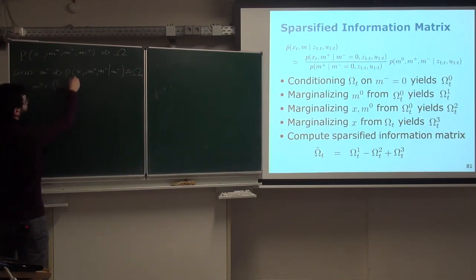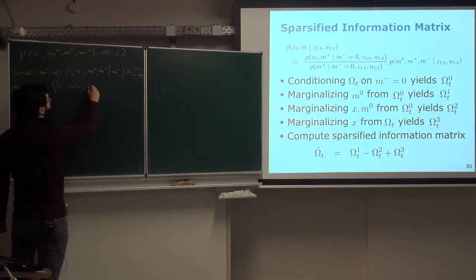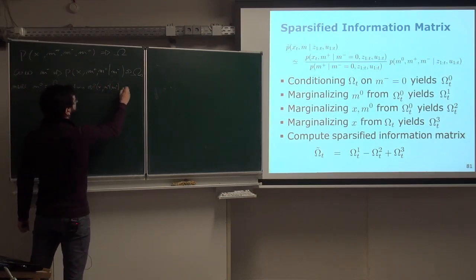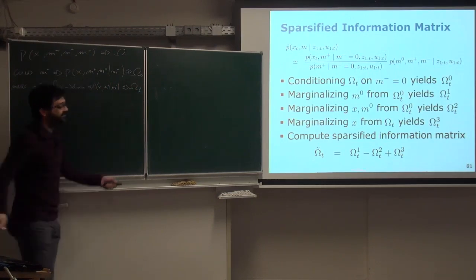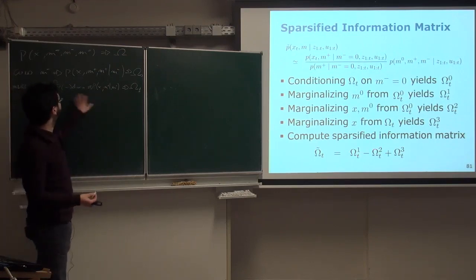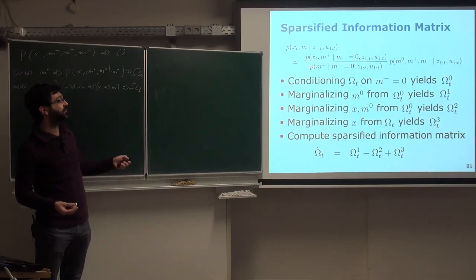I'm just writing the same with m0 integrated out, which is again P of x, m plus given m minus, and this is associated with an omega 1, which is the first part that we actually consider here. Okay? So that's the first step that we do. Then we take again m0 and we marginalize x and m0 to obtain the one below here.